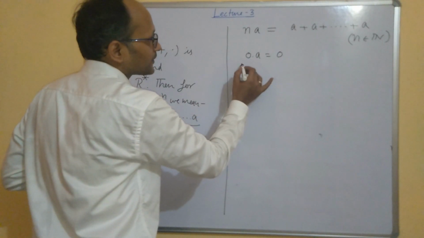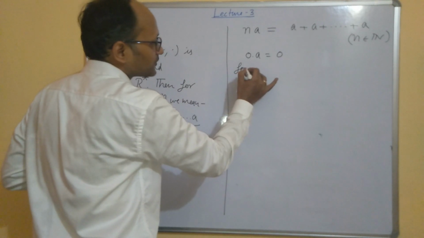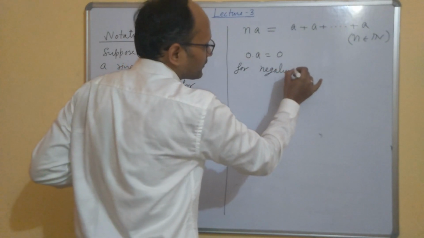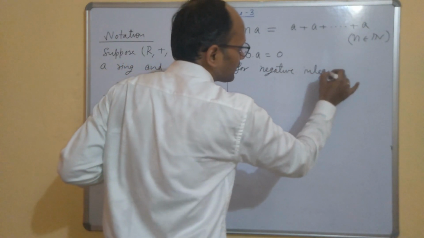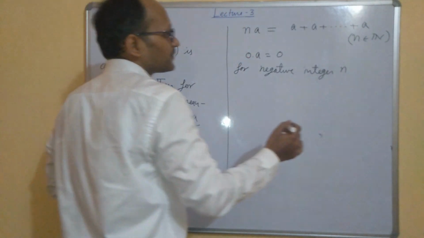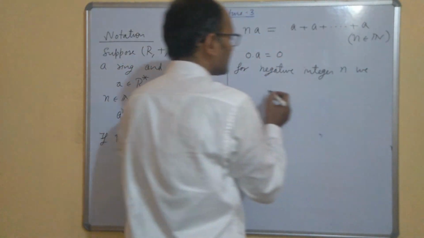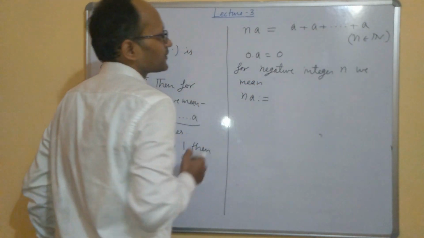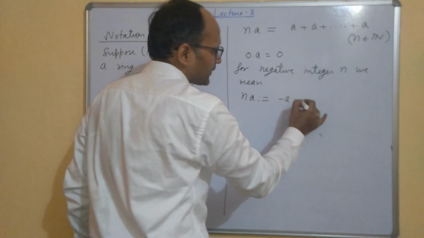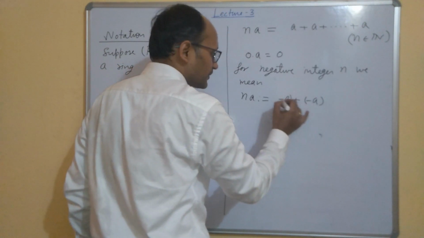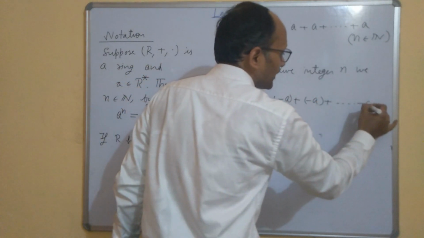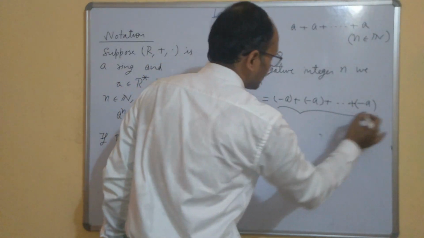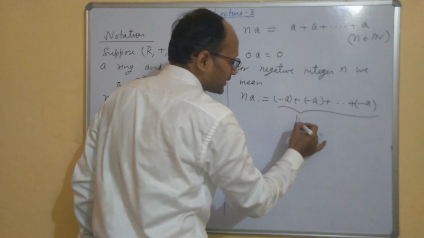And for negative integer n, by na we mean minus a plus minus a plus minus a, how many times? n is a negative integer, so it is mod n times.